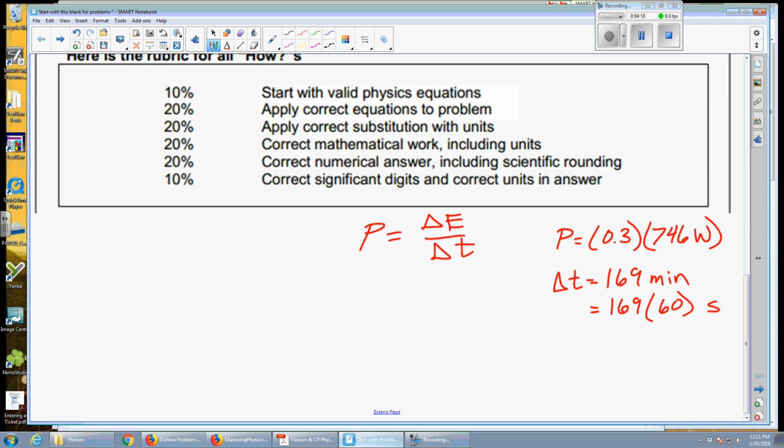Now I'm in my nice base units of watts and seconds. Because that gives me energy in what units? Joules. Right, joules. And then I can always convert that to megajoules. Right?